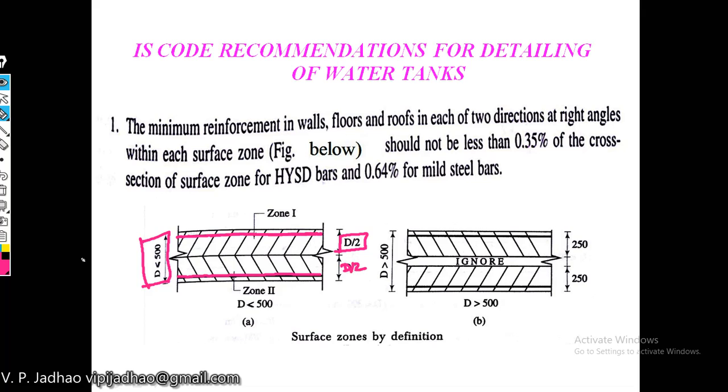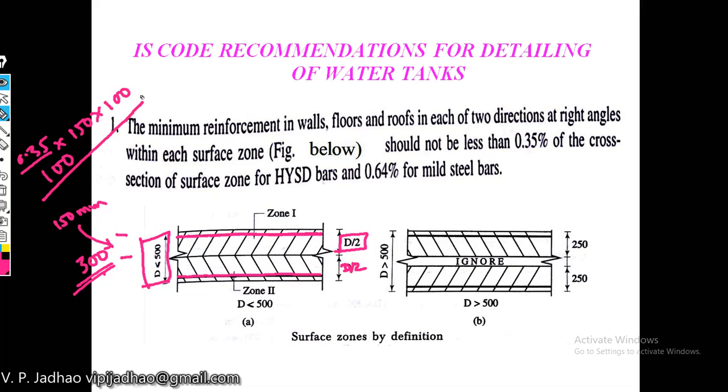So if we have 300 mm depth, then for calculation of AST minimum for top reinforcement we will be considering 150 mm. So AST will be 0.35 into 150 multiplied by 1000 divided by 100.